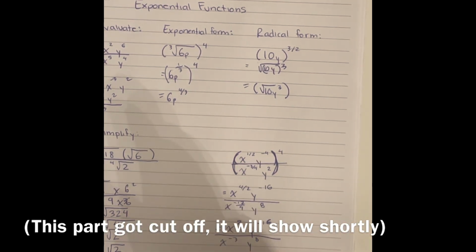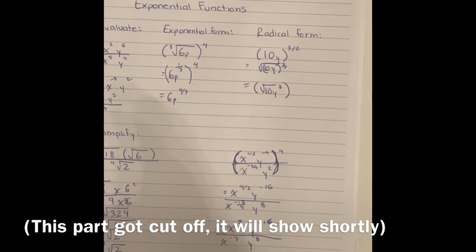So we have 2 minus -3. It's going to give us x to the power 5 and y power of -18. And we want the 18 to be at the bottom since it's a negative. So our final answer is going to be x to the power 5 over y to the power of 18.